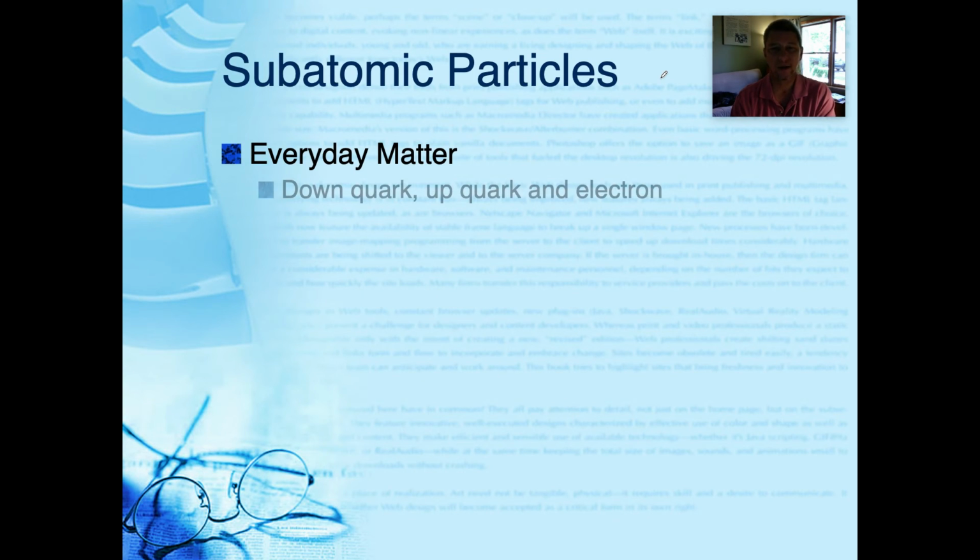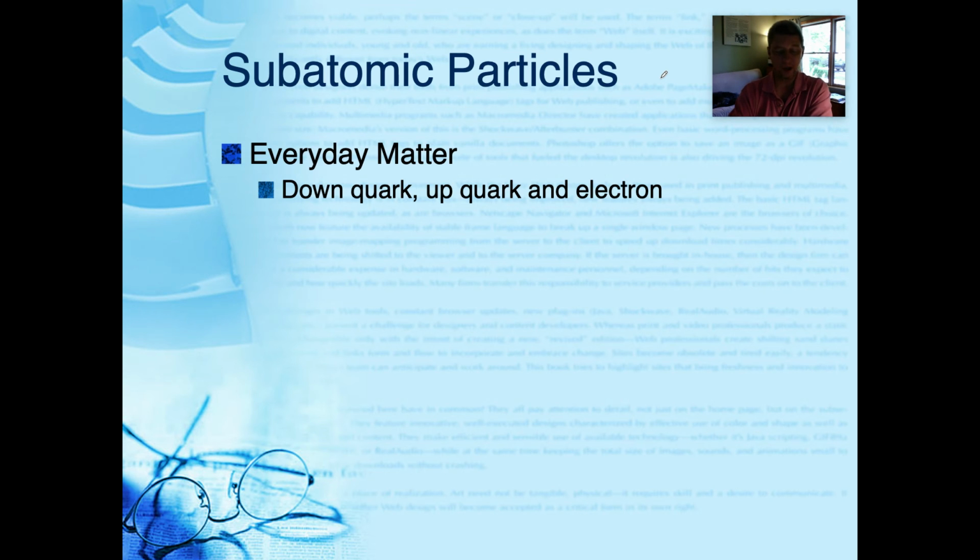Now, in terms of the matter that we generally think of, everyday matter, the desk that you are working at, the chair that you are sitting on, the food that you eat, and so on, they are generally composed of a down quark, an up quark, and an electron, or some combination of downs and ups, and electrons.